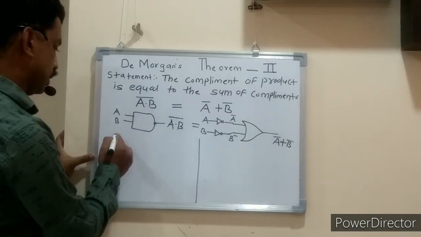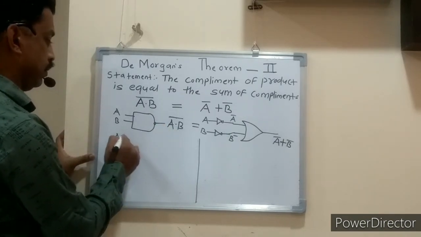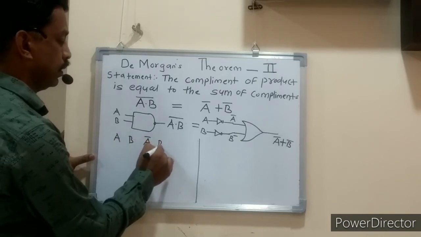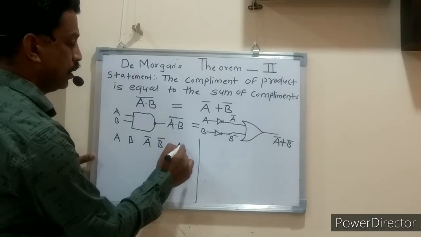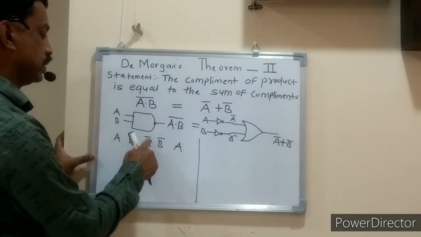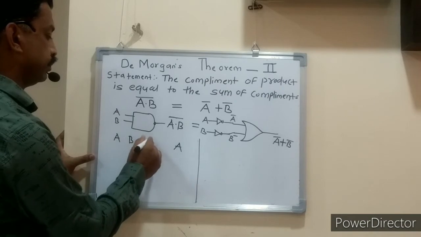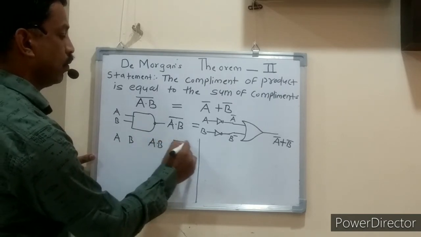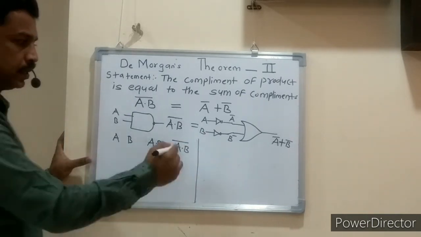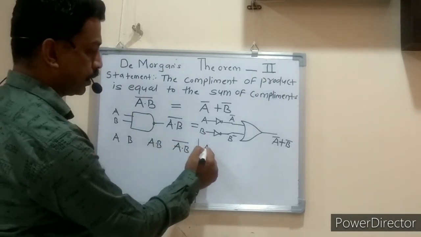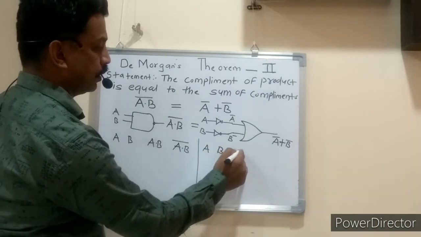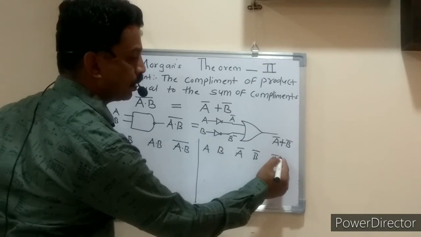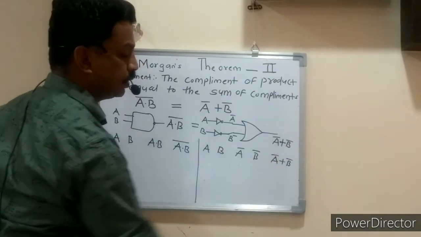So here a, b, a complement, b complement, and here we say a dot b and (a dot b) complement. And on this side, a, b, a complement, b complement and a complement plus b complement.